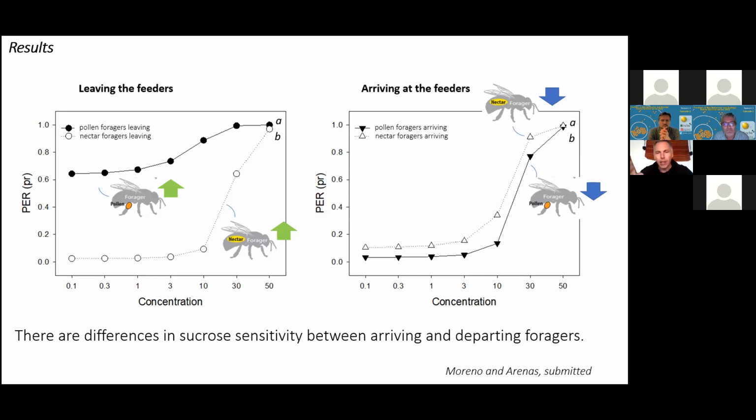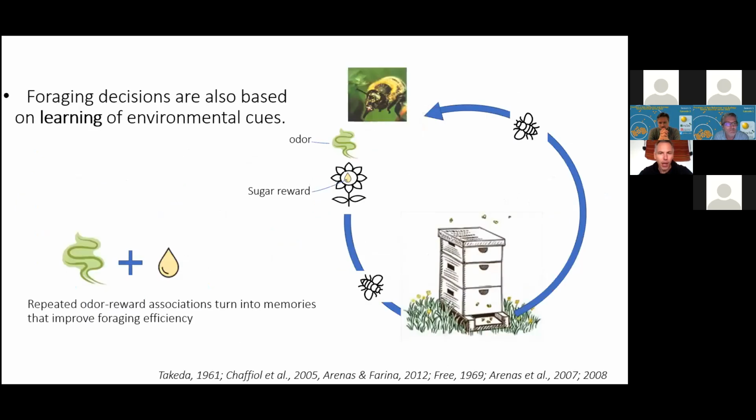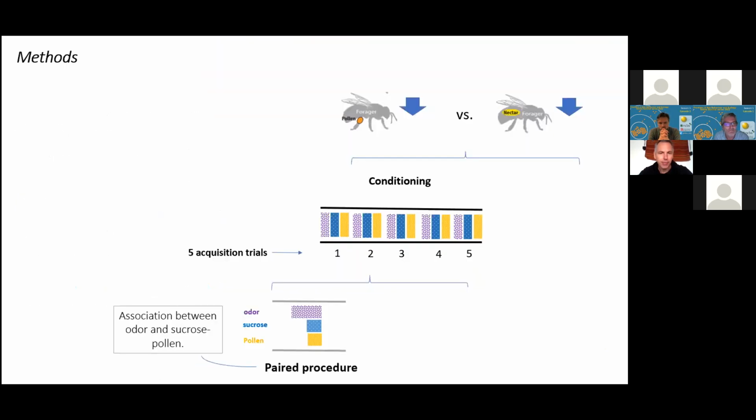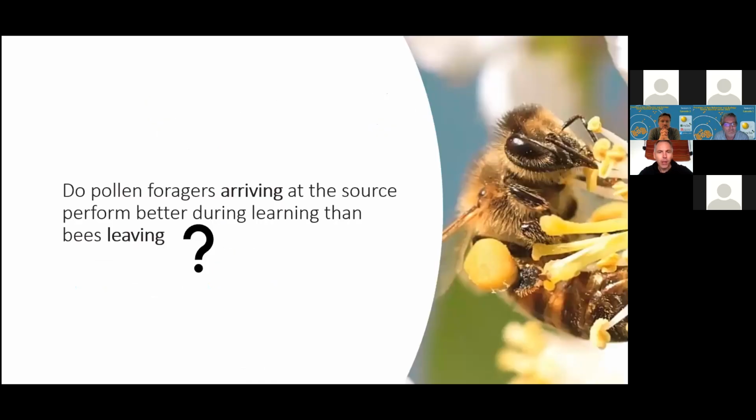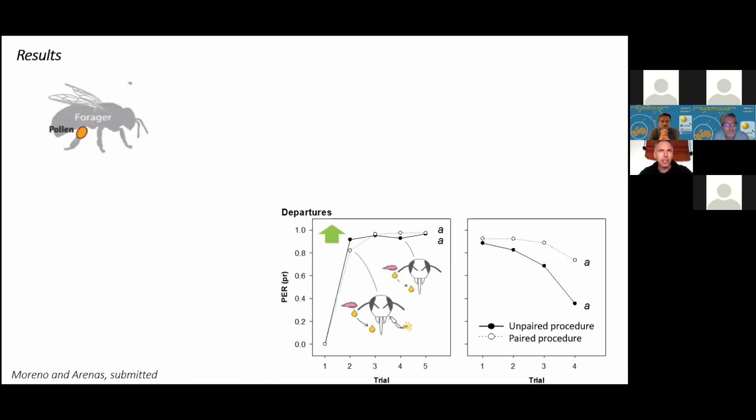Another thing that might complete this interpretation are results from here, in which on the one hand we observe that these pollen foragers are less sensitive to sucrose on arriving at the food source. So in a flower that offers both nectar and pollen, the bee might reject or avoid collecting nectar and focus on pollen.